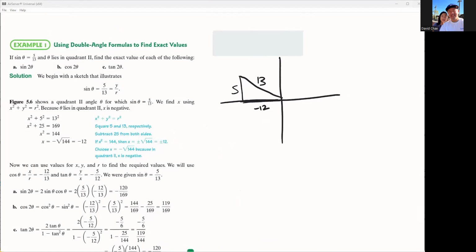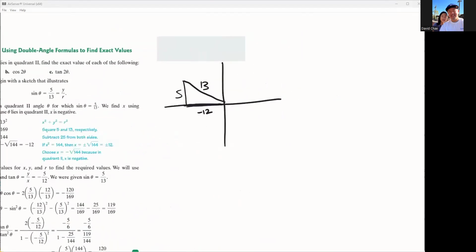So if I were to get the 6 trig functions out of this, it would be what? Sine theta is already told you it's 5/13, right? Cosine theta is what?